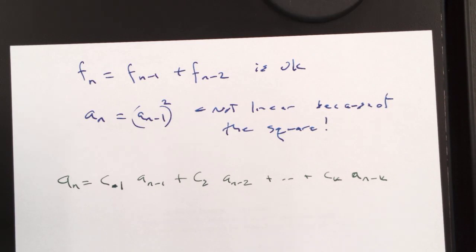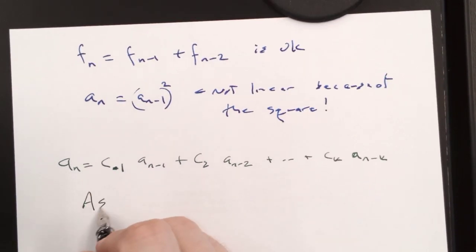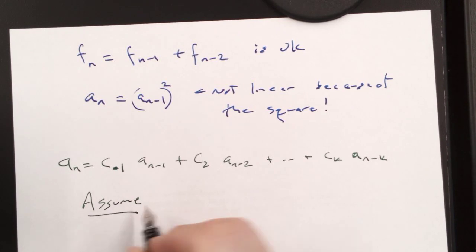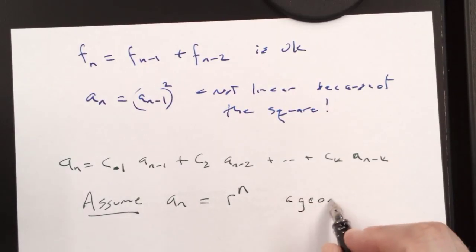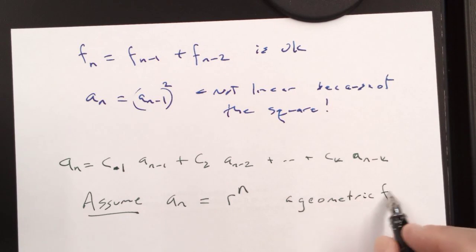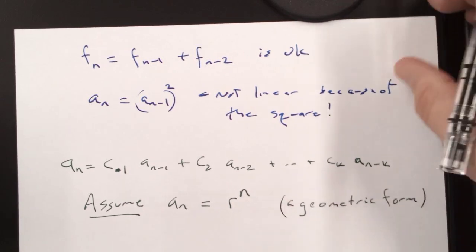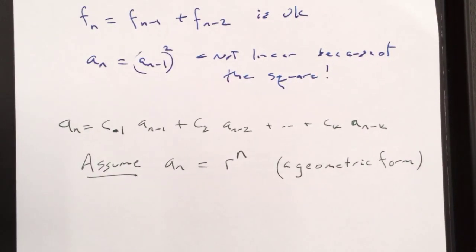I'm going to assume a_n is some power, like a geometric thing. It's a geometric idea. And then I'm going to try and figure out what possible values for r will work.